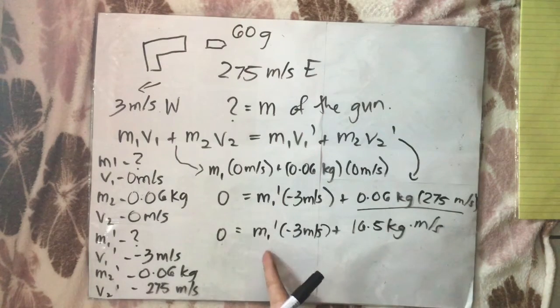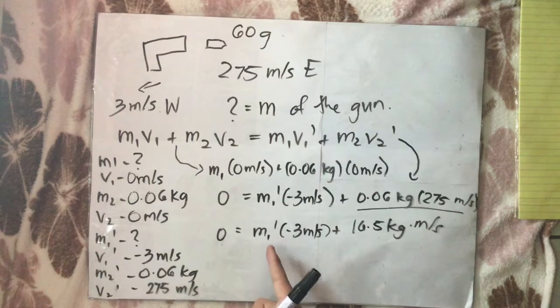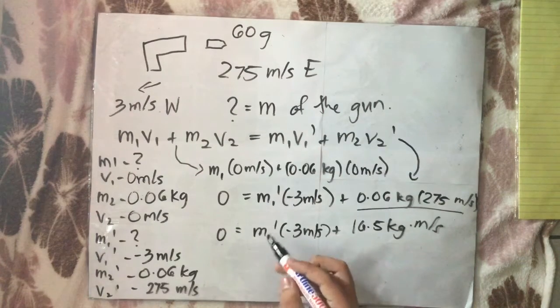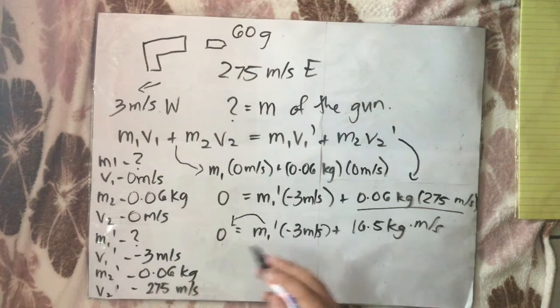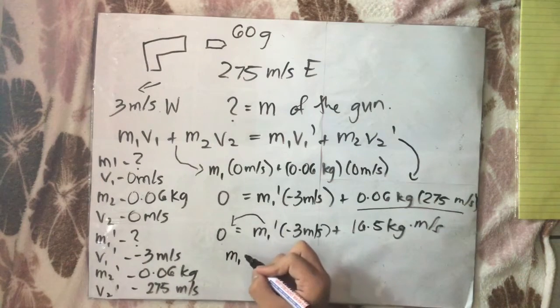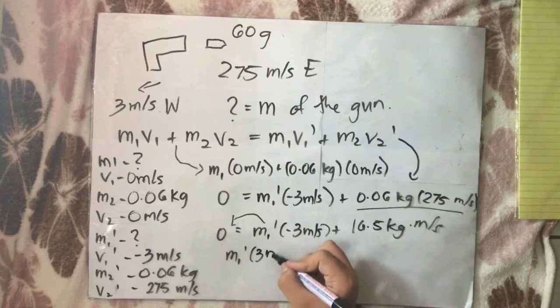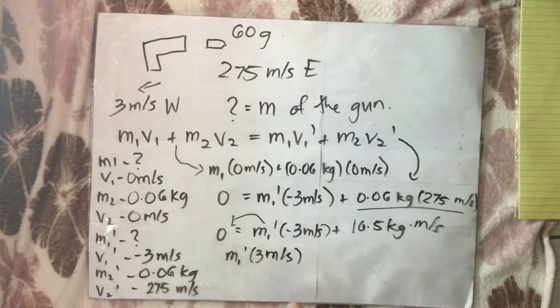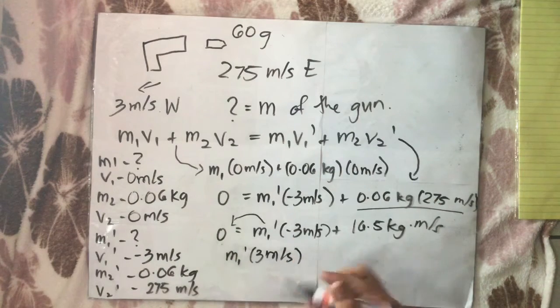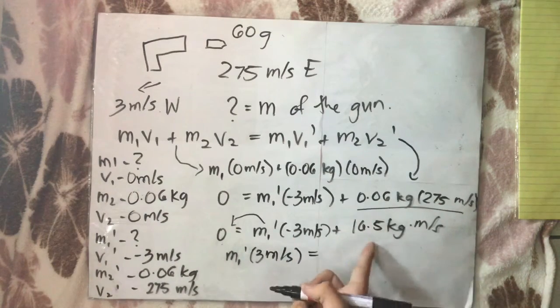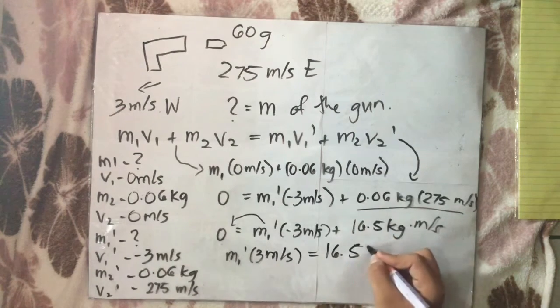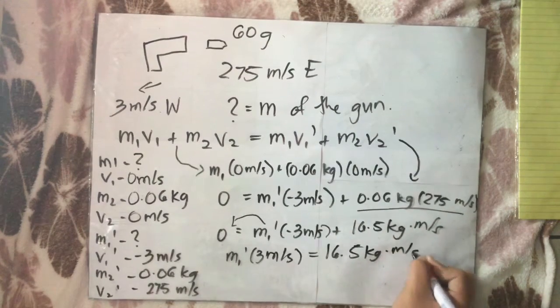To find M1 after, or the mass of the gun, we need to first transpose this. So this will be 3 meters per second, since any value that is being transposed, its value will be its opposite. Since it's negative, it will be positive. So it's equal to 16.5 kilogram meters per second.